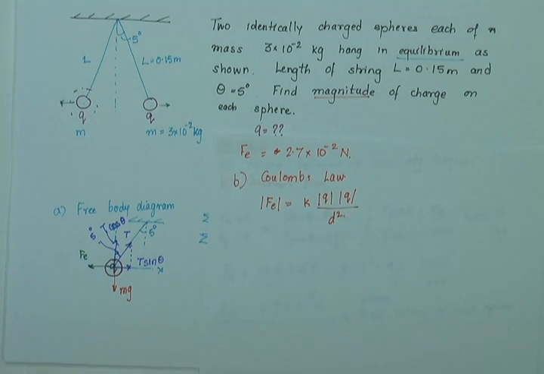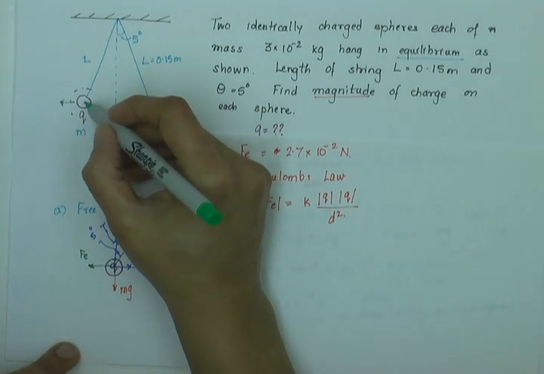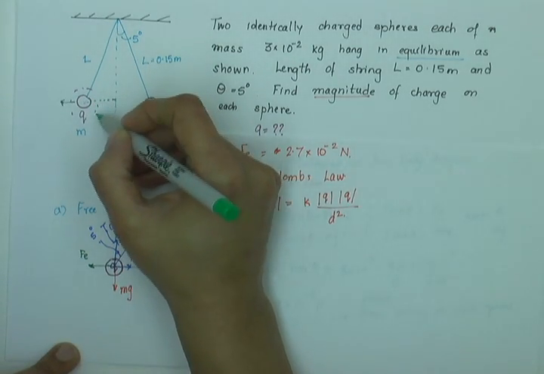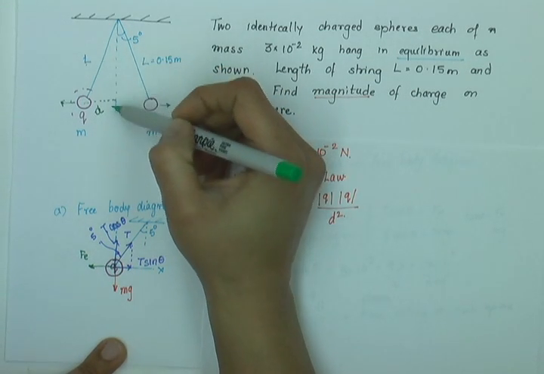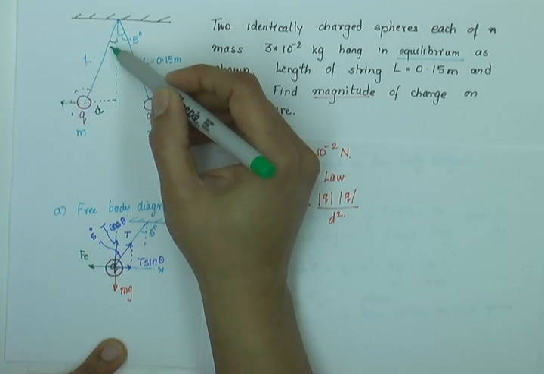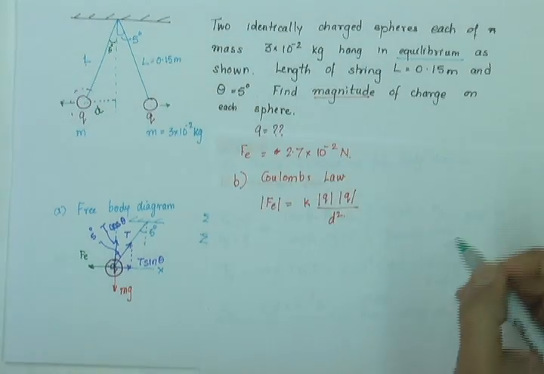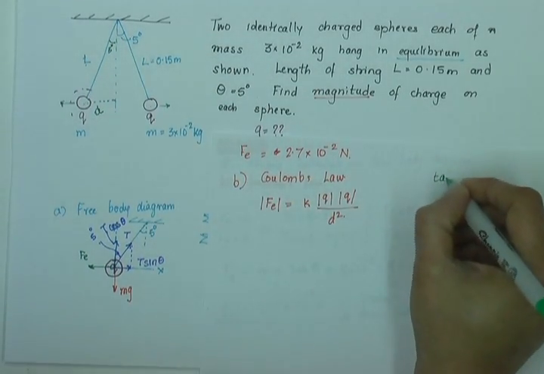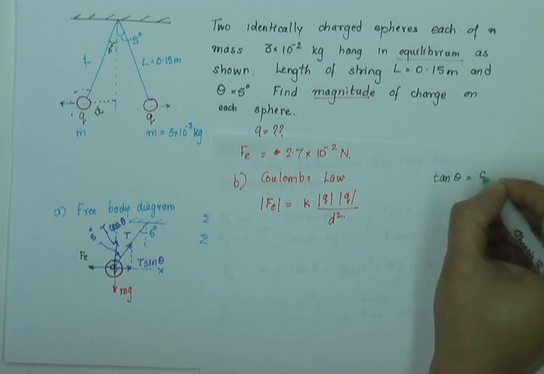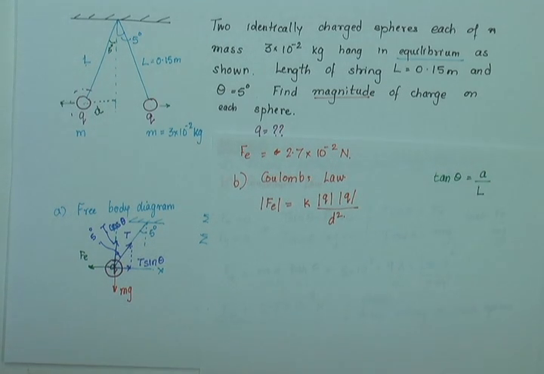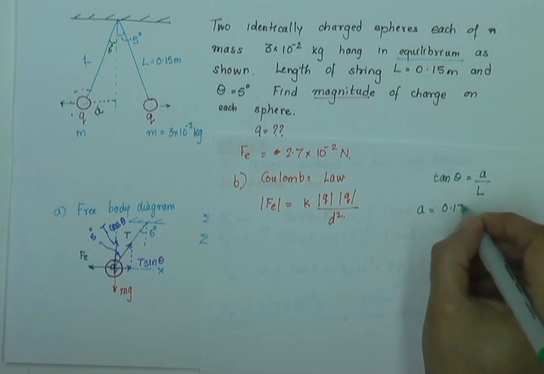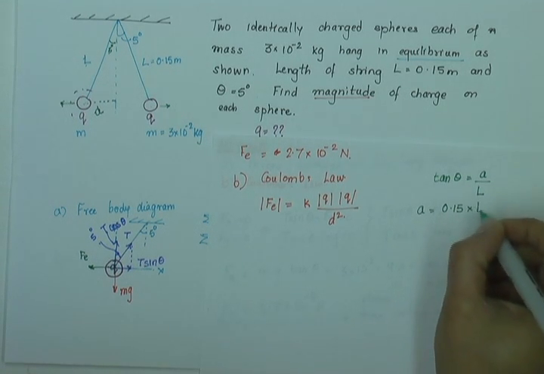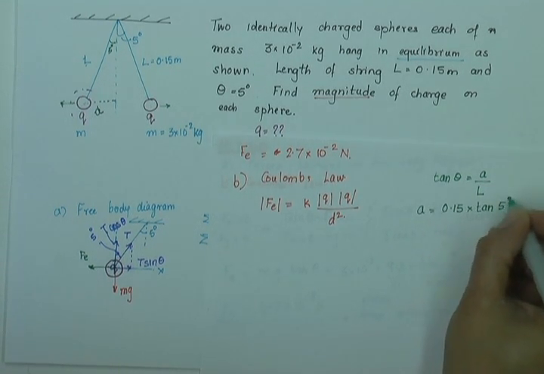And let me find out what d will be. So let's see. If I say this distance is A, then I have L, A, and this angle is 5 degrees. And so I can write tan theta is equal to A over L, and substituting the values, I'll get A as 0.15, that is my L, into tan of 5 degrees.